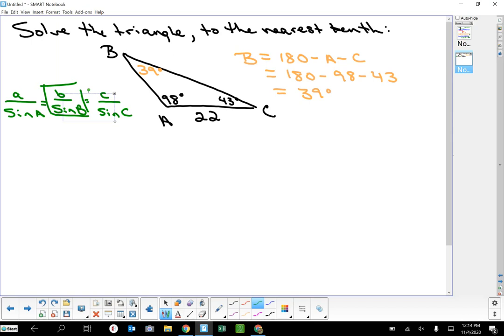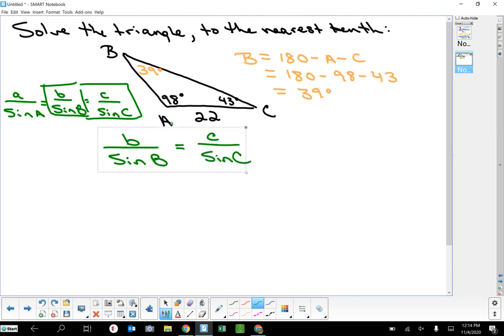So it doesn't matter which other one I'm going to use. Well, I'm going to go ahead and just use c. So I'm going to use b and c to start out. So I'll just rewrite the equation so you can see what I'm filling in. Now, when you do this, you should have 3 of the 4 parts.